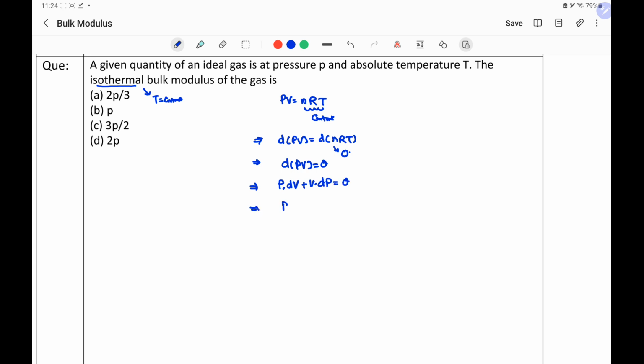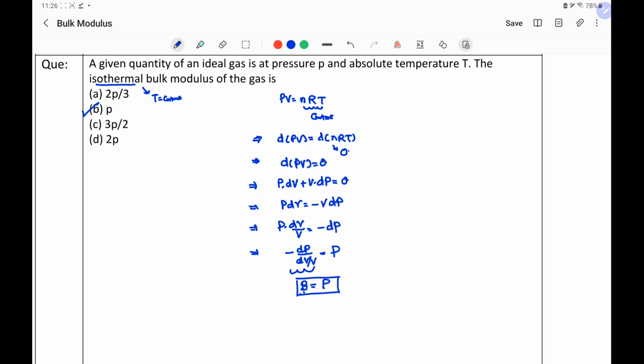This can be written as P dV equal to minus V dP, or P into dV by V equal to minus dP, and finally we can write that minus dP by dV by V is equal to P, and this left hand side term is the bulk modulus. So bulk modulus of the gas in the isothermal process is equal to P, that is the pressure. So option B is the correct option.